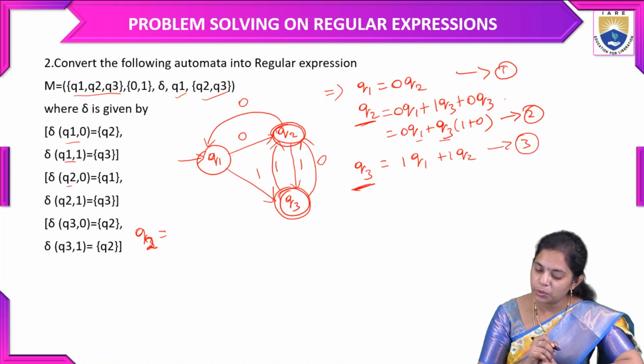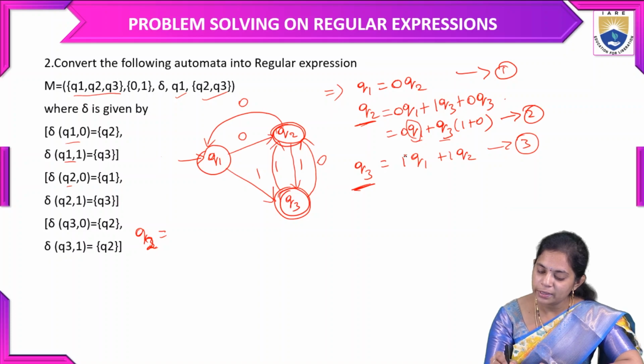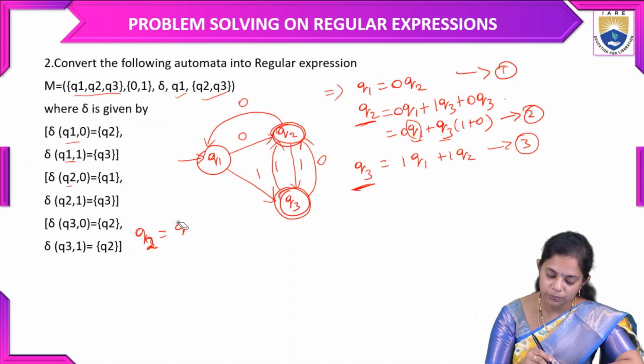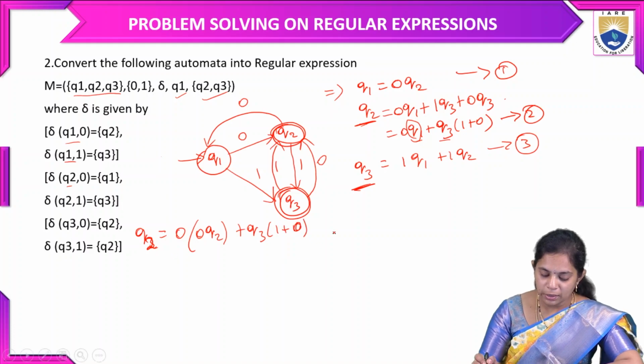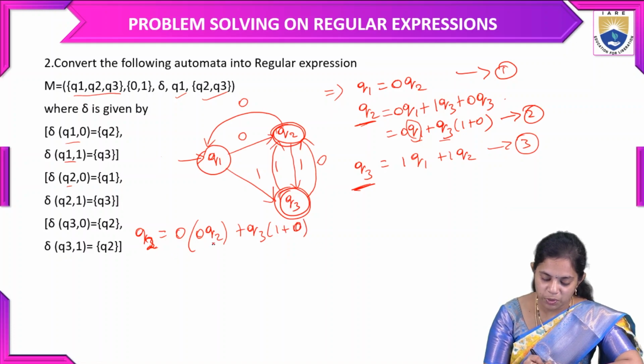So if you substitute the Q1 value, it is in terms of, so Q1 value is equal to 0 and 0 Q2, and remaining same we need to write like this. And here we have the expression like Q2 is there, and 0 0 Q2 plus Q3, 1 plus 0.